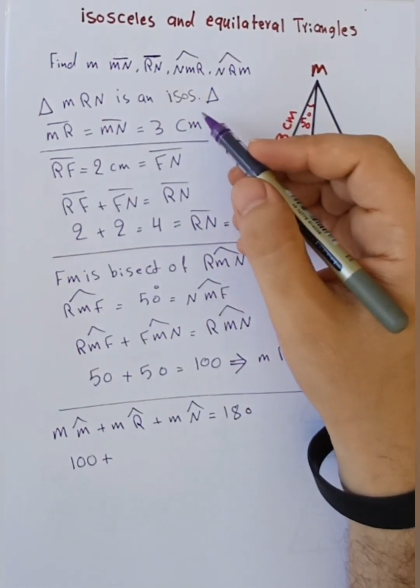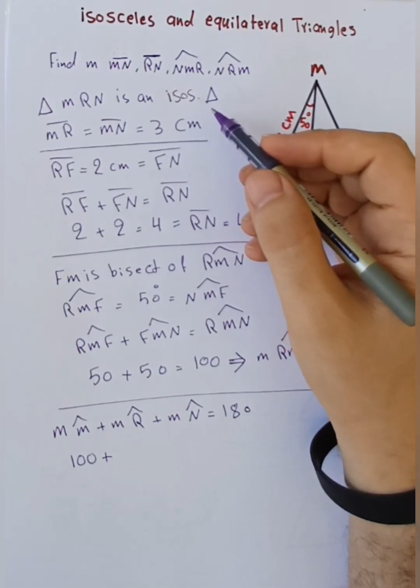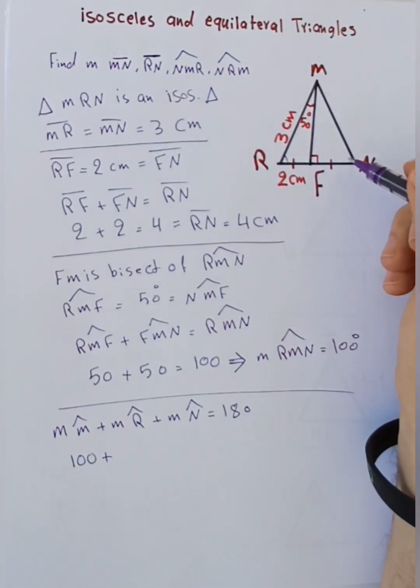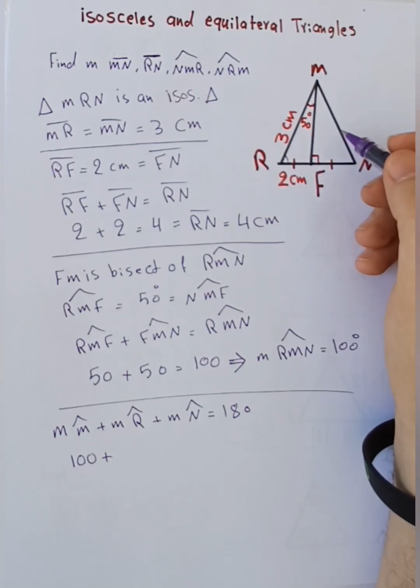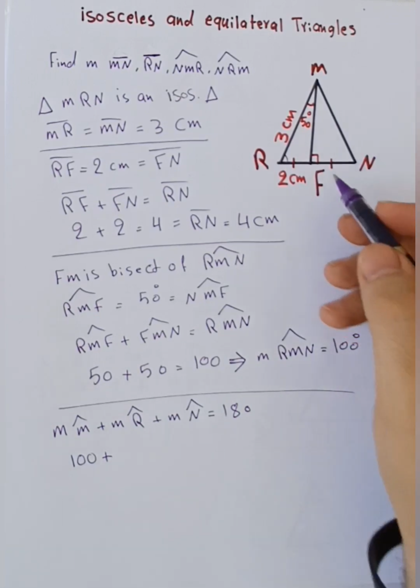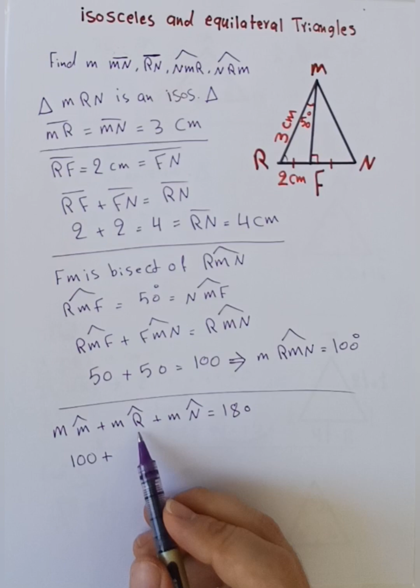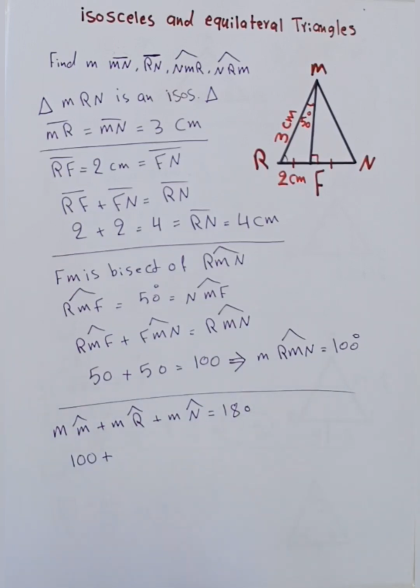In the first part of this example, I said this triangle is equilateral, but this triangle is an isosceles triangle. So the base angles are congruent. It means instead of these two angles R and N, we can use the same variable.